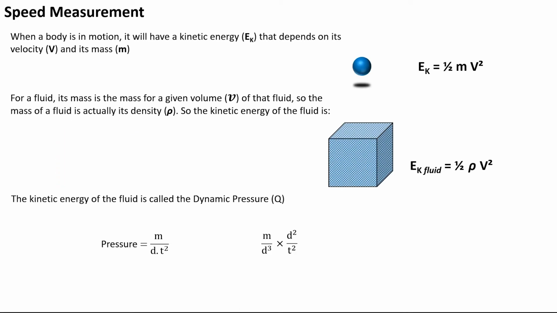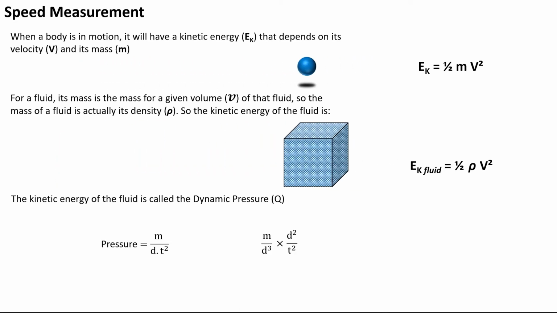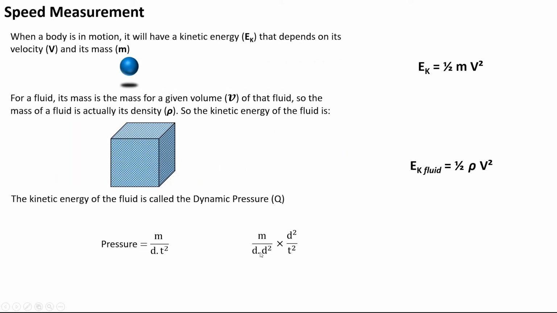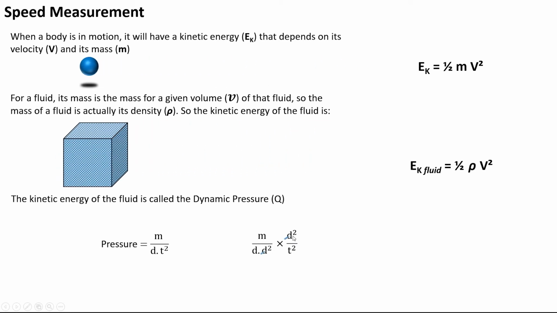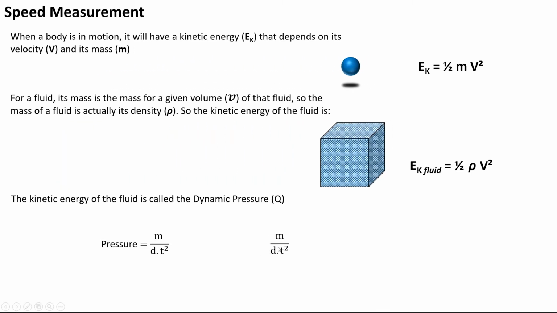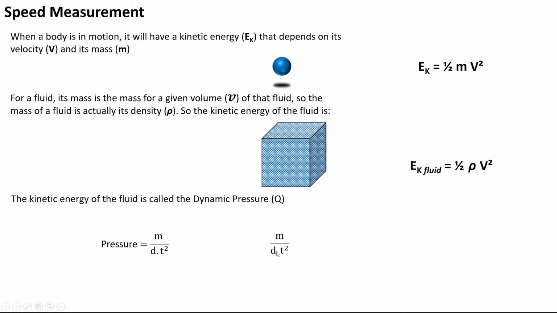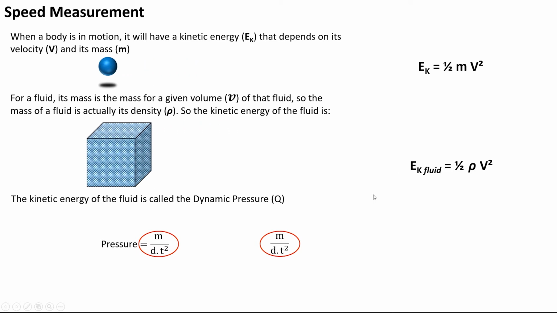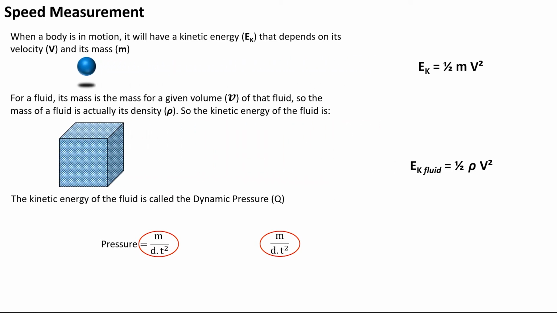And if we simplify this, distance cubed can be rewritten as distance squared multiplied by distance. And so here we get rid of the two distance squared, and we are left with mass over distance over time squared. And so as you can see, this is indeed a pressure. So that's why the kinetic energy of a fluid is known as pressure, and it's a dynamic pressure because it's in movement, it's something that has an evolution over time.